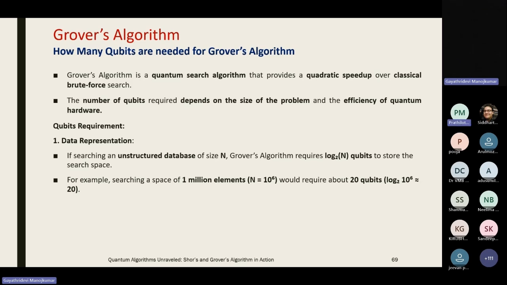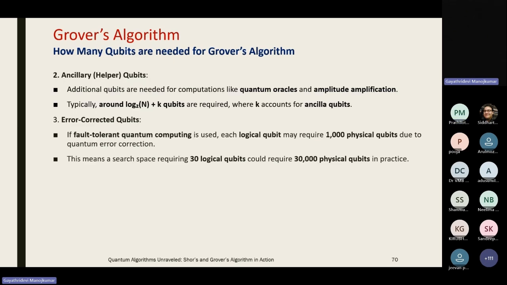You can also see that in a classical approach, when we are working with 1 million elements, it is going to take 1 million operations, but Grover's performs it within 20 qubits. Another thing is that we need ancillary qubits.